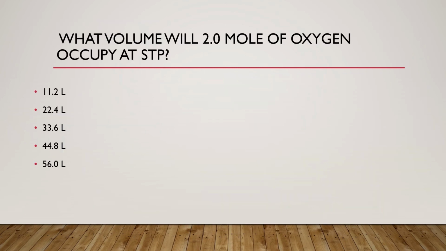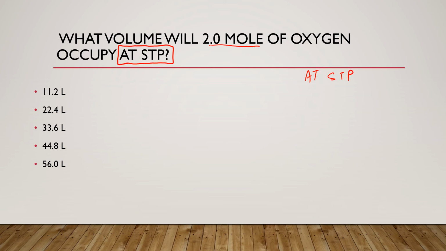Let's take a look at one of the problems in which we use the molar volume equation. The problem is, what volume will 2.0 moles of oxygen occupy at STP? Whenever you see at STP, then we can apply the molar volume equation.